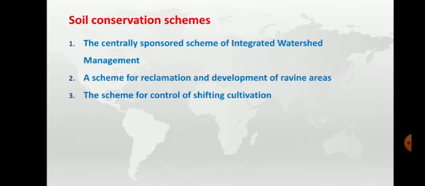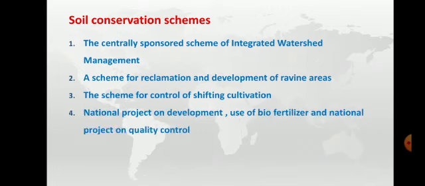The next schemes are the National Project on Development and Use of Biofertilizers and the National Project on Quality Control, implemented during the 7th five-year plan. These projects encourage the use of biofertilizers as well as balanced and integrated use of fertilizers.